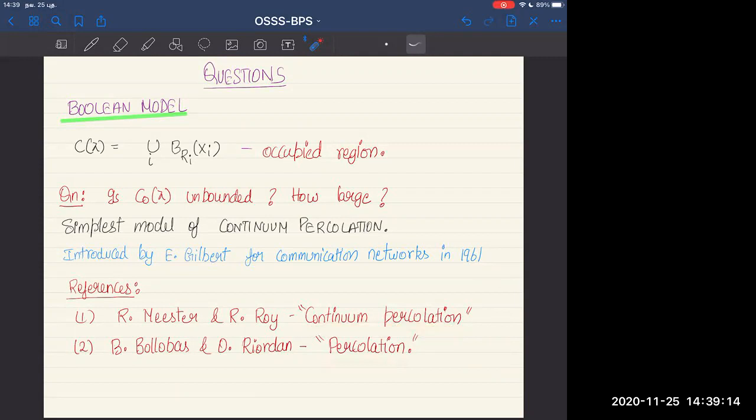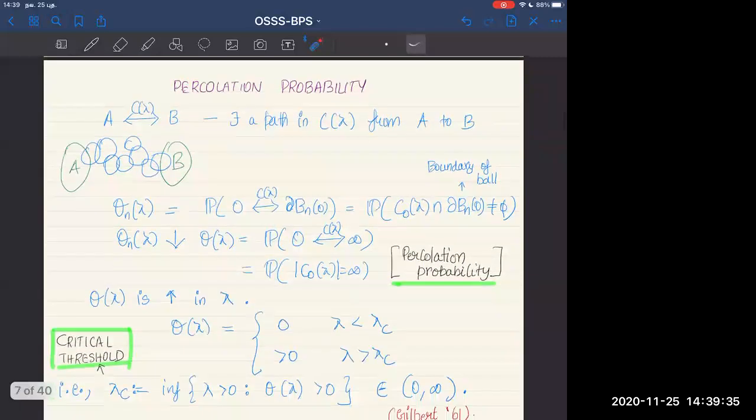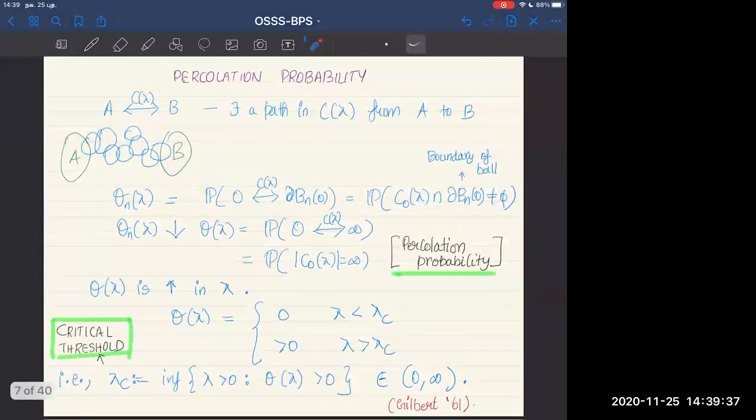Rahul is also giving a course in which you can get slides and everything. This has been in various other books. It is very well studied by now, but it seems one can still show a lot of interesting things here. So this is the model. Let me mathematically define unboundedness, how large, all that.